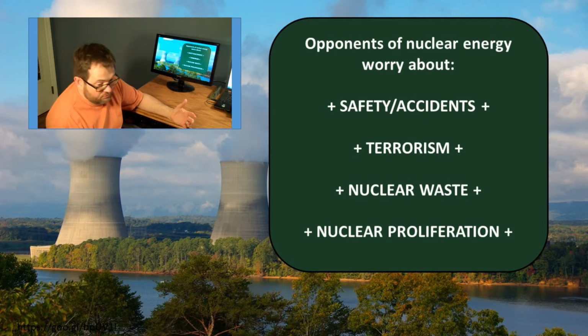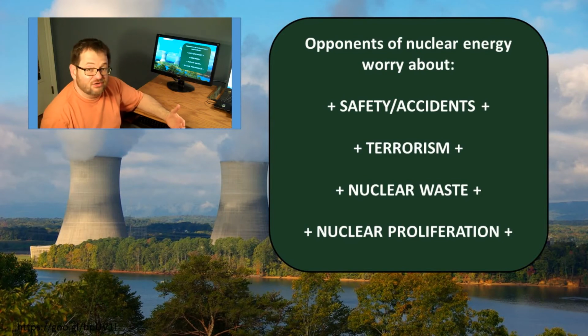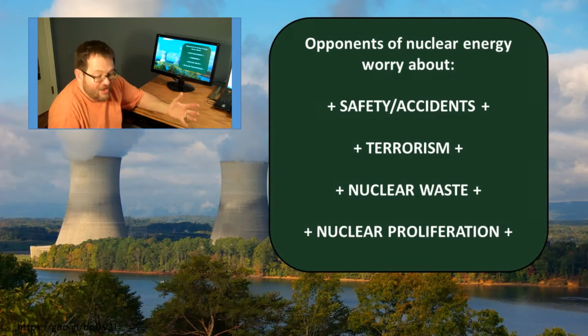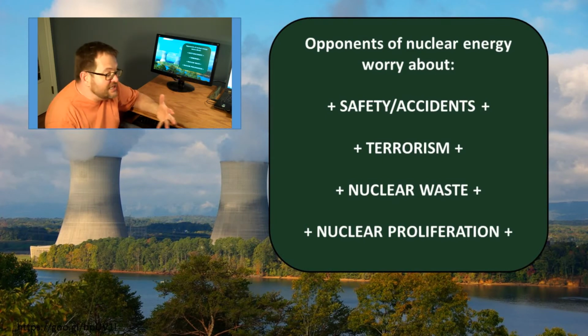If you build more nuclear plants in more parts around the world, you need to have a plan as to how you're going to keep those people from accessing those technologies or those byproducts. That's a big deal. It's why the United States was skeptical about letting Iran have nuclear technologies. Once you have it, you have access to those materials, those techniques, those machines, all of which you didn't have before.